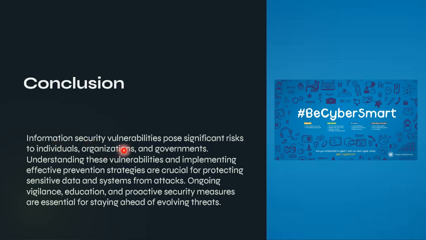Conclusion. Information security vulnerabilities pose significant risk to individuals, organizations and governments. Understanding these vulnerabilities and implementing effective prevention strategies is crucial to protecting sensitive data and systems from attacks.